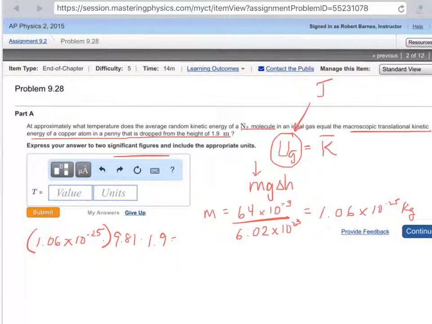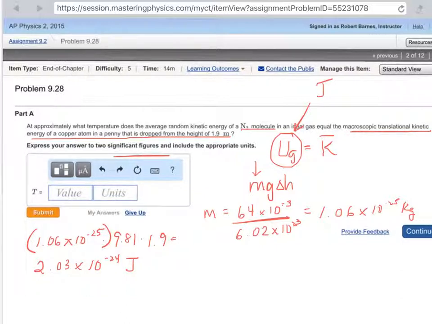Let's see what that gives us. What I got was 2.03 times 10 to the negative 24th joules. That's how much gravitational potential energy the copper atom had at the top of the 1.9 meters.